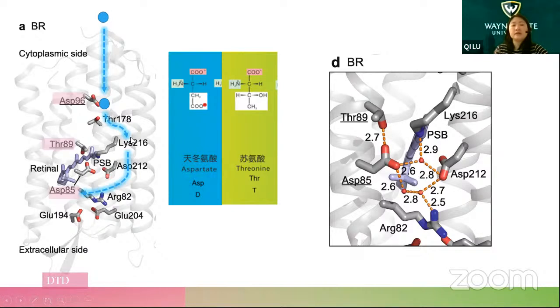And when light is captured by the retinal, this proton will be translocated to Asp85. Through these several translocations from this residue to the Schiff base, then to another residue, this is how the proton is pumped out of bacterial rhodopsin.